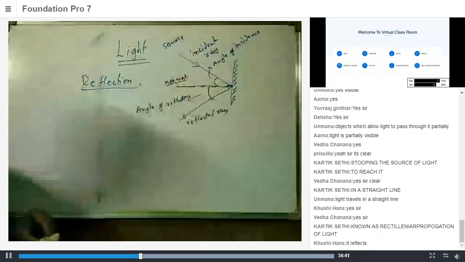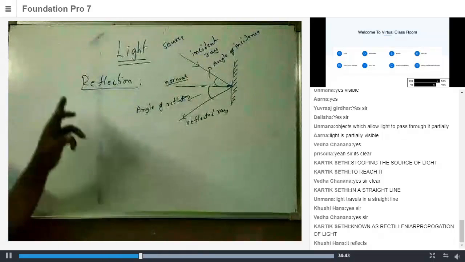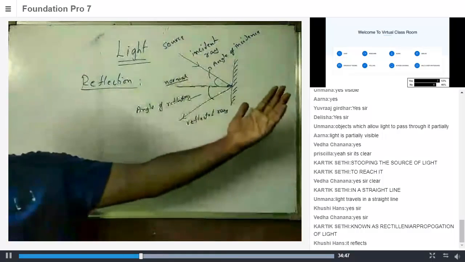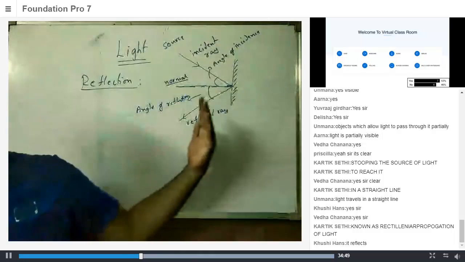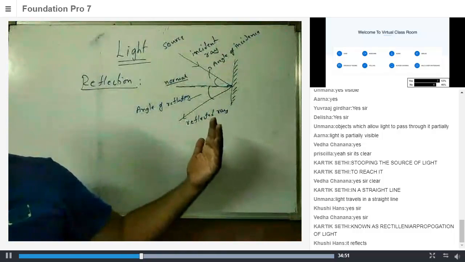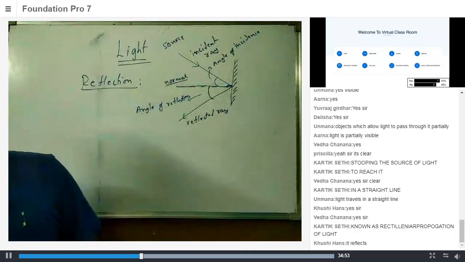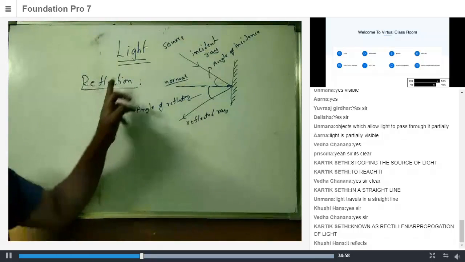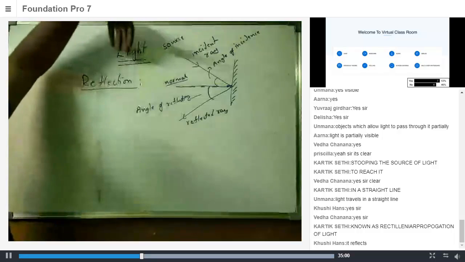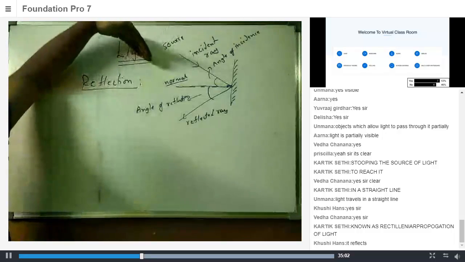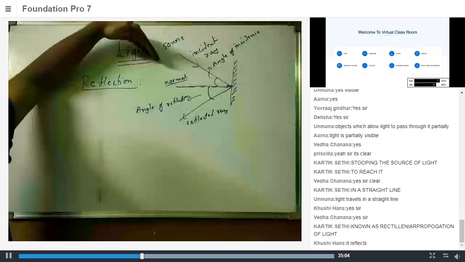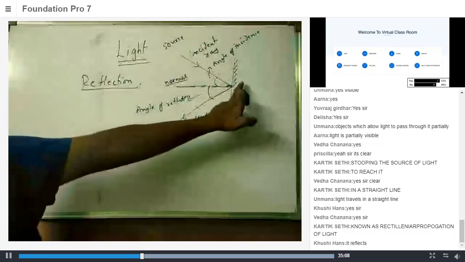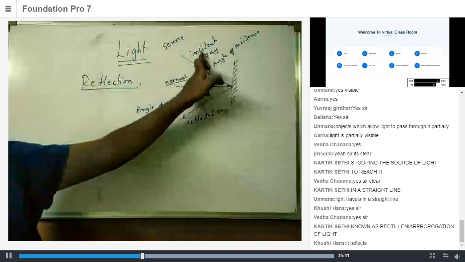So what is reflection? Reflection is the phenomenon of any object bouncing back from a surface. In order to understand this phenomenon and the various rules that reflection of light follows, we define some things. The ray which is incident on the surface is called the incident ray.